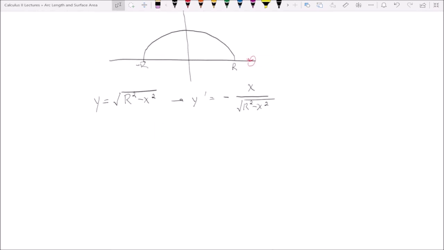So surface area, 2 pi times the integral from negative r to positive r, square root r squared minus x squared, times the square root of 1 plus x squared over r squared minus x squared.